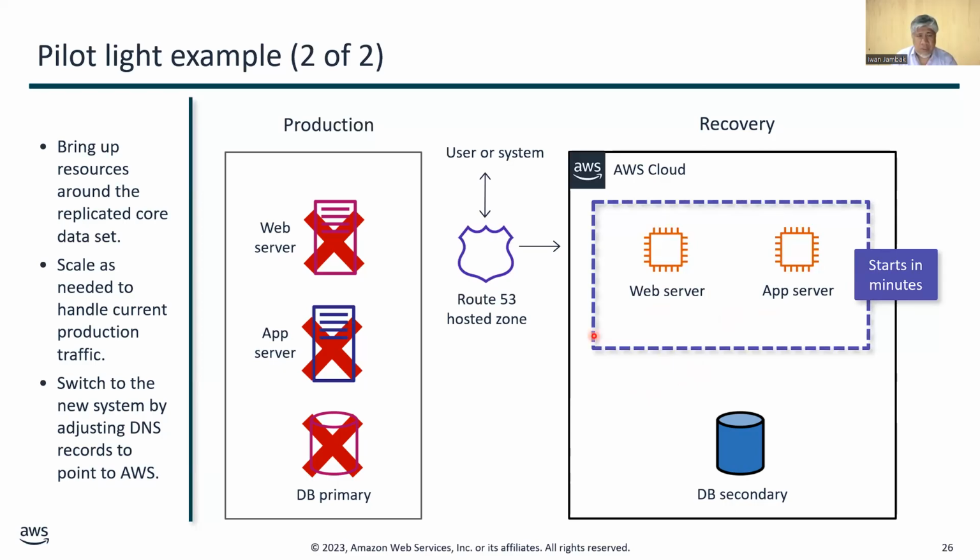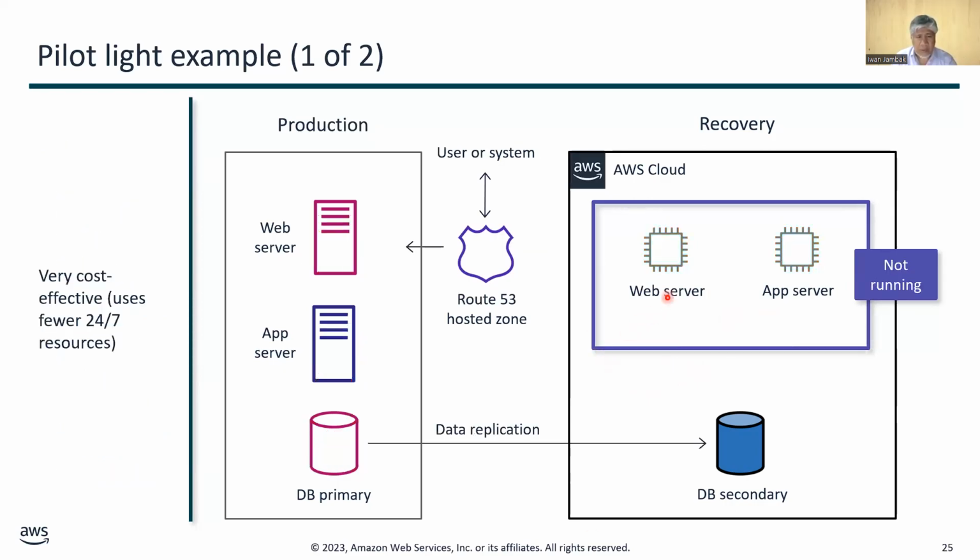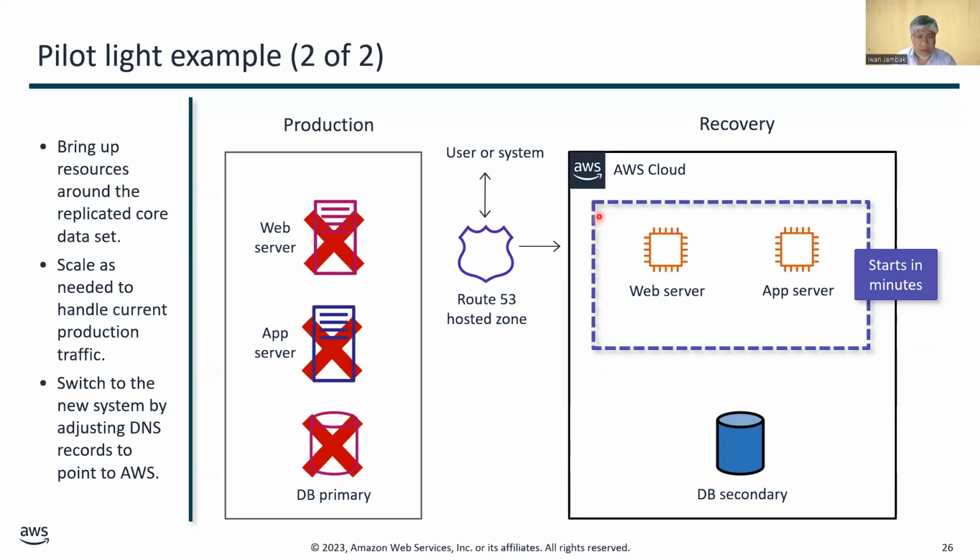The difference is that for your backup here you don't have to pay because it's not running, and when something happens, you turn on the EC2 and you can do the recovery within a minute, and then your system or application is running again.